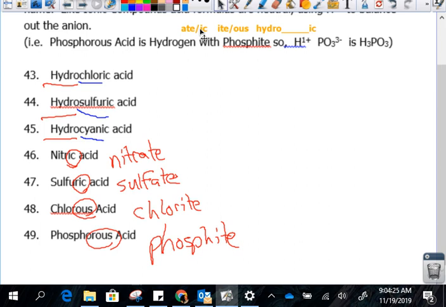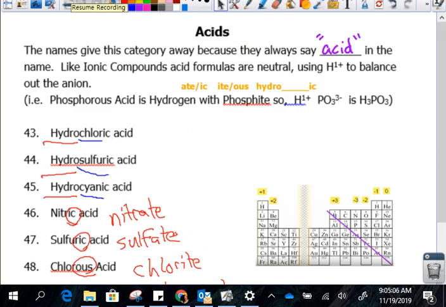We need a periodic table. Let me grab one. Boom, periodic table has appeared. So, hydrogen has a +1 charge. And then chlorine is over here in that -1 column.